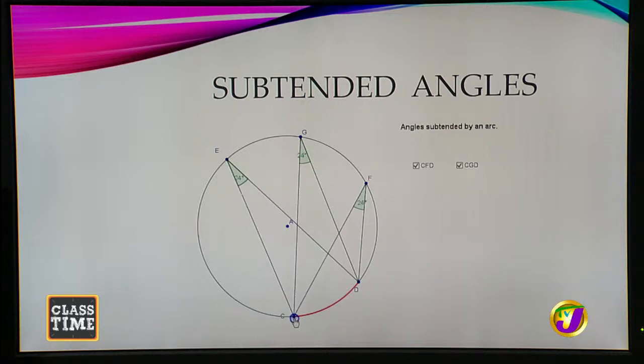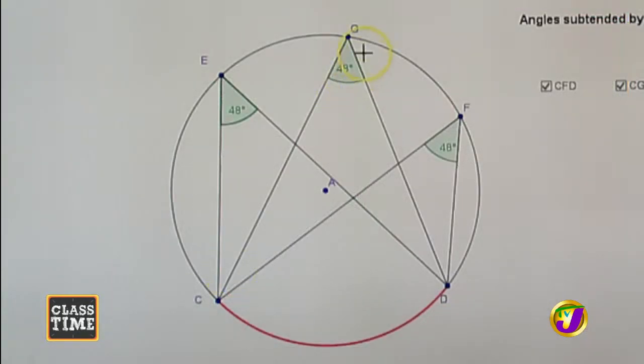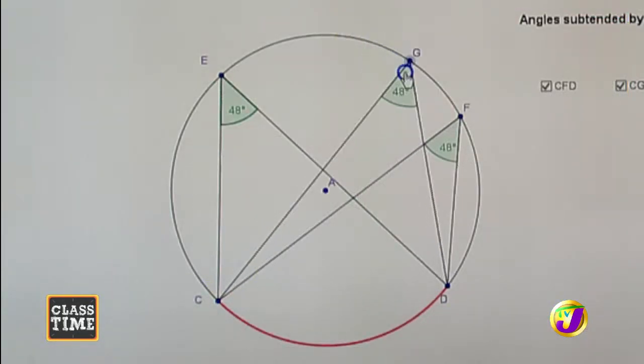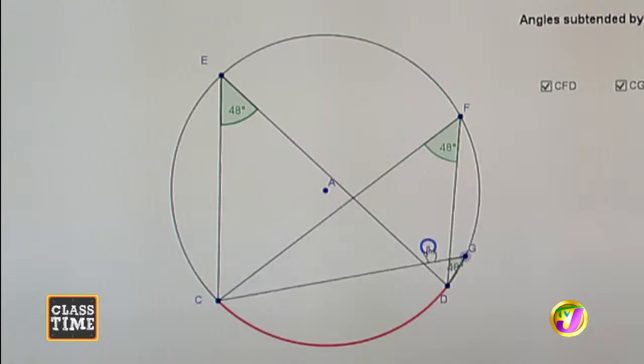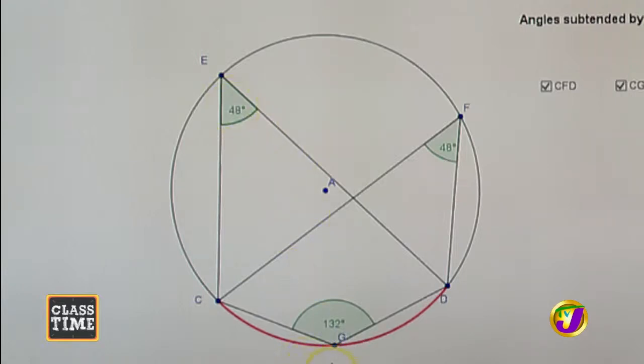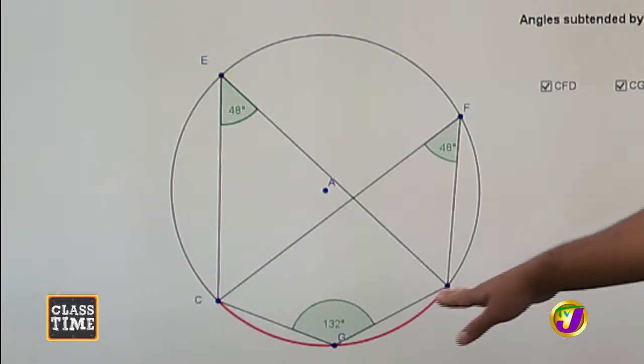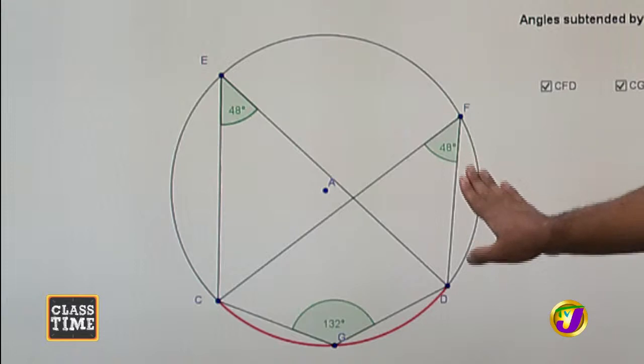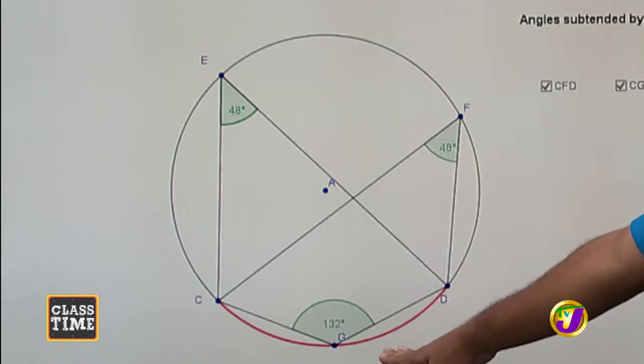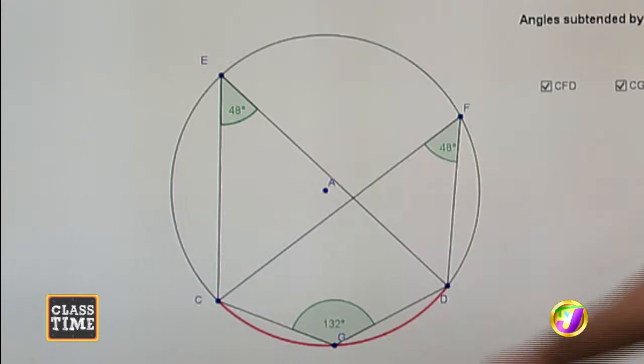I'm hoping you're seeing what I'm seeing. As I increase the arc length, all of them increase to the same value, maintaining the same value. But if I change one from the major arc and put it on arc CD, it now changes. You see it is no longer 48 once the arc has changed.